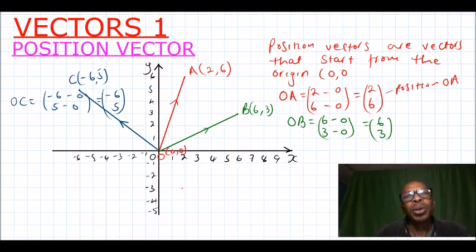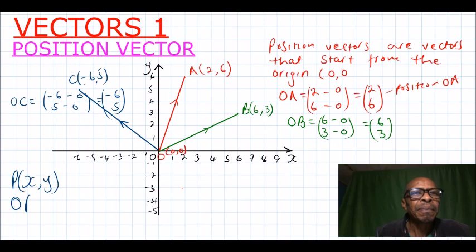The coordinates are minus 6, 5, and the column vector is minus 6, 5, in column form. So you note that if you are given a point P with the coordinates x and y, OP is equal to x and y. When you are given a point, the position vector of that point, you just write it in vertical form.